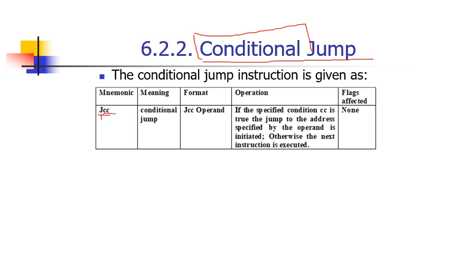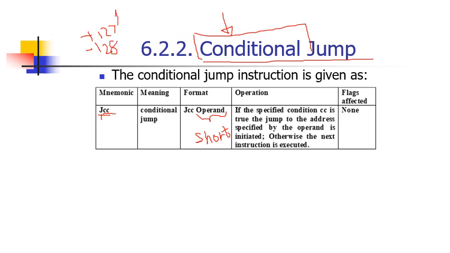Okay. And the operand used with the jump is always of a short type. So regarding the conditional jump, you're only allowed to go forward up to 127 bytes or backwardly up to 128 bytes.